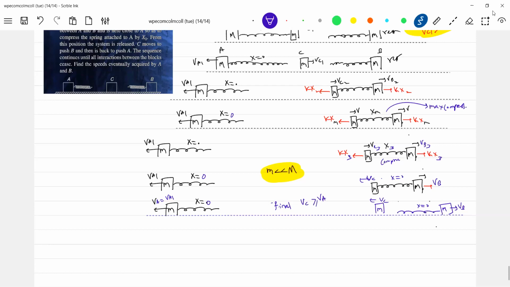So VC3 will be very much greater than VB3, which will be very much greater than VA1. VC3 will be very much greater than VB3. Again, it'll go and collide. Like this, the sequence will occur, and finally, what we get is C will be at rest somewhere, we don't know.